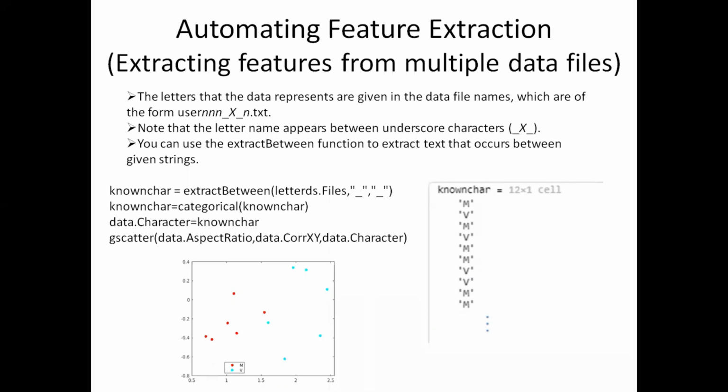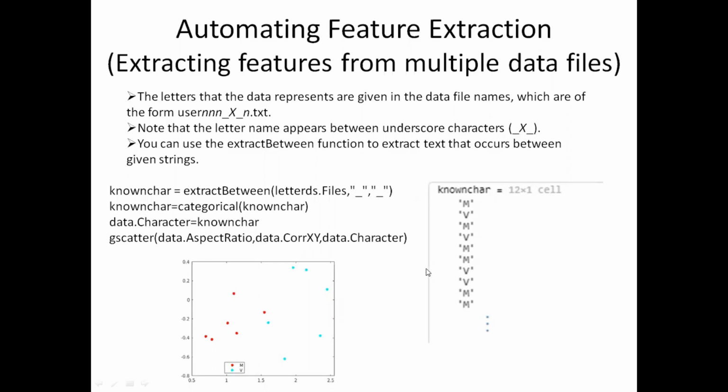After that, we have to insert this column in the data table as the last column. We already have 6 columns in the data table, which are the 6 features that we have extracted. So as the 7th column, this character column will be added. To do that, I will assign data.Character, the new column that I'm inserting, equal to known character.